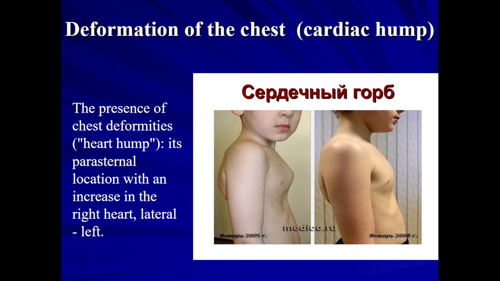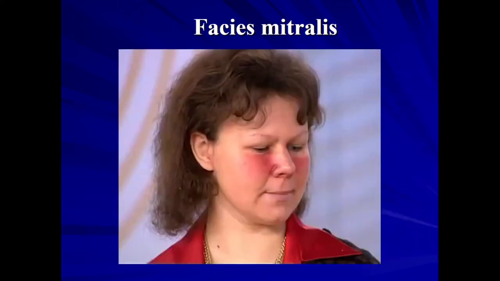The presence of chest deformities, cardiac hump, with its parasternal location with an increase of the right heart, and lateral left. Facies mitralis is a very common situation for a patient with a problem with the mitral valve, mitral insufficiency.